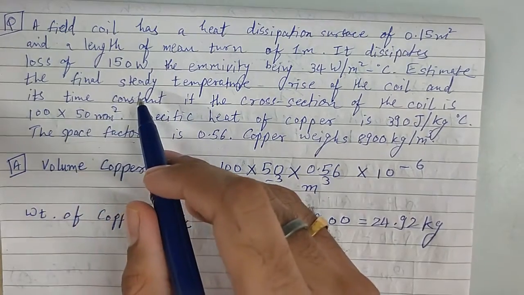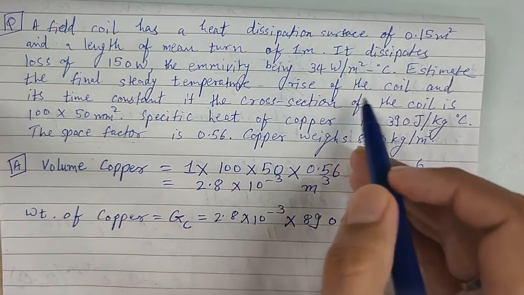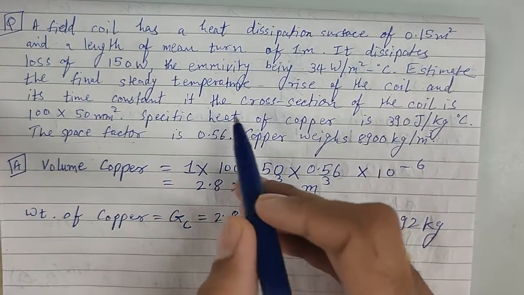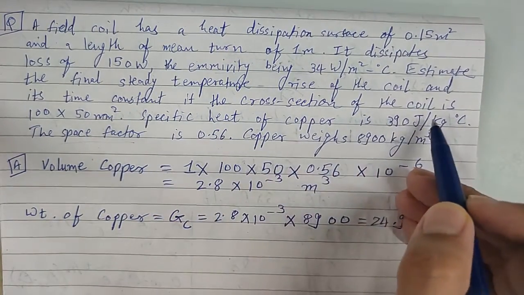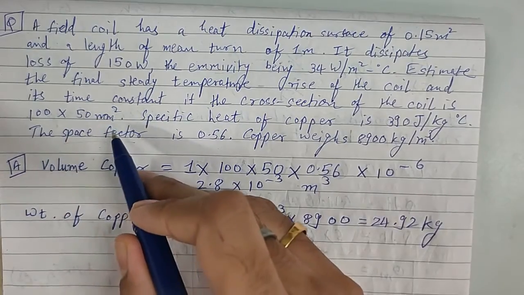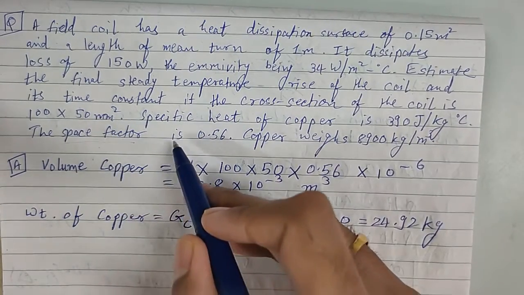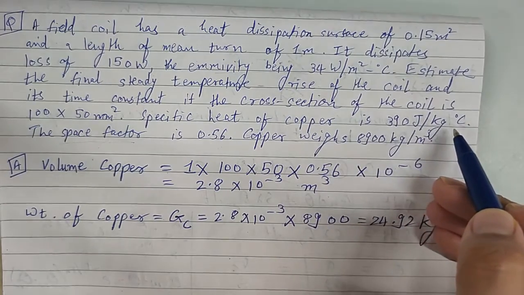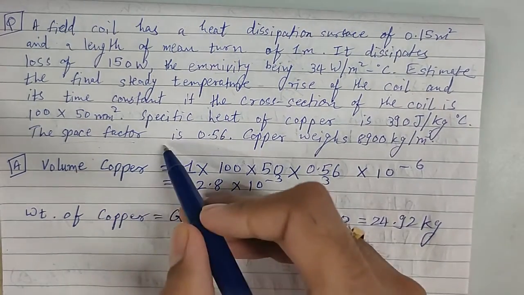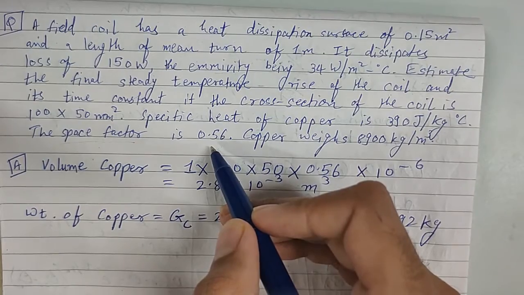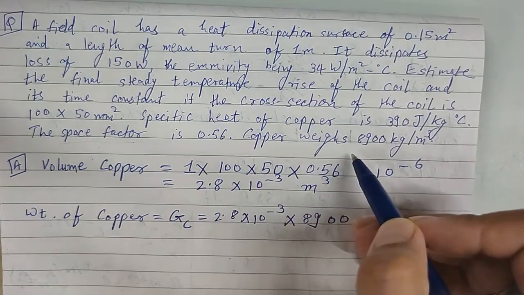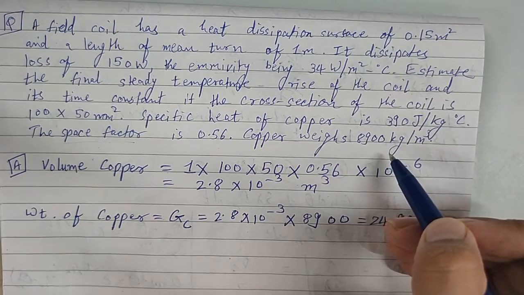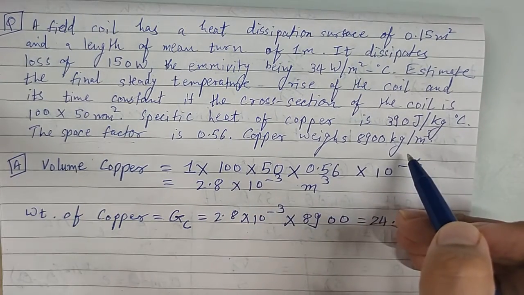Estimate the final steady temperature rise of the coil and its time constant if the cross section of the coil is 100 into 50 mm square. Specific heat of copper is 390 joules per kg degree centigrade. The space factor is 0.56. The copper weighs 8900 kg per meter cube, so this is nothing but the density of copper.